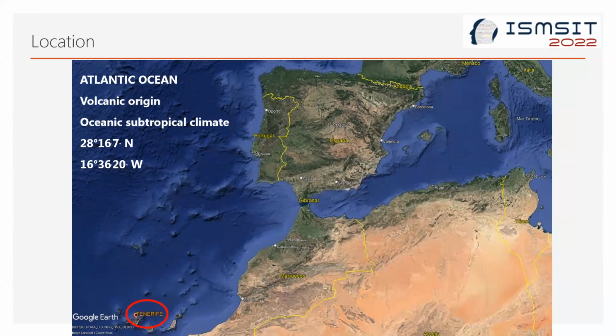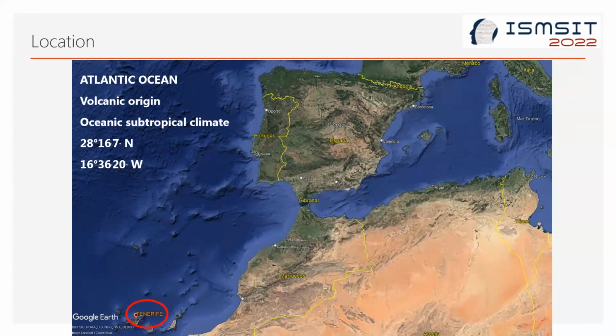Tenerife is an island in the Atlantic Ocean belonging to the Spanish autonomous community of the Canary Islands. The Canary Islands are an archipelago located in the Atlantic Ocean that forms a Spanish autonomous community in Northwest Africa. With the status of a historical nationality, it is also one of the outermost regions of the European Union. The predominant climate in the area is subtropical oceanic.